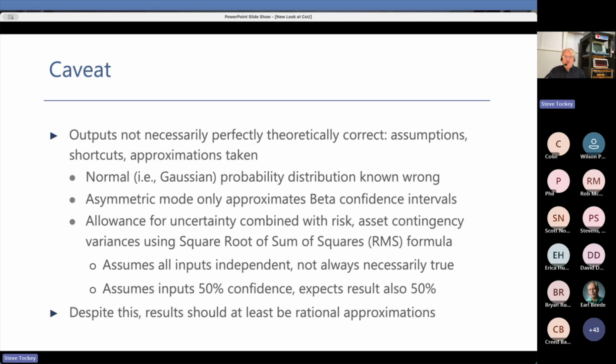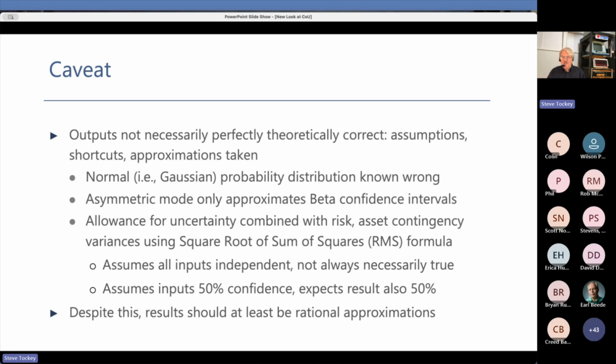For example, the tool will do Gaussian normal probability distributions for compatibility with the spreadsheets and for other reasons, but we know that that's not correct, and I'll talk about that in more detail later. There's something called an asymmetric mode, which approximates what we believe to be a beta distribution, but it's an approximation. It's not dead on, but that's okay.